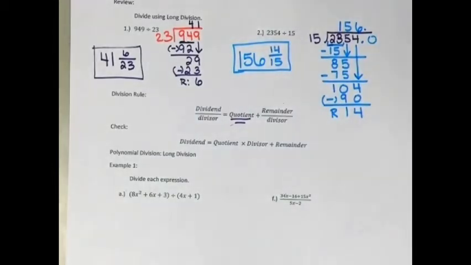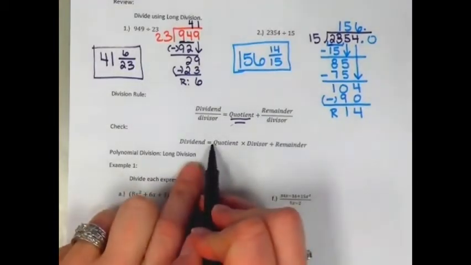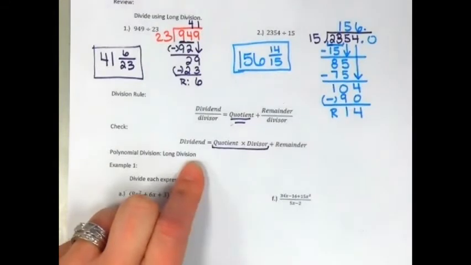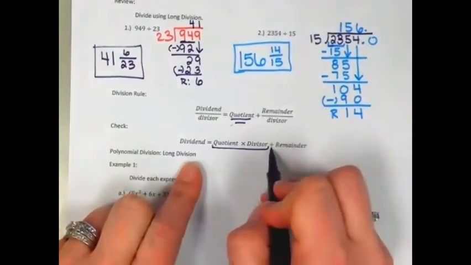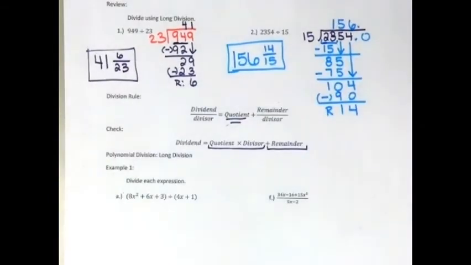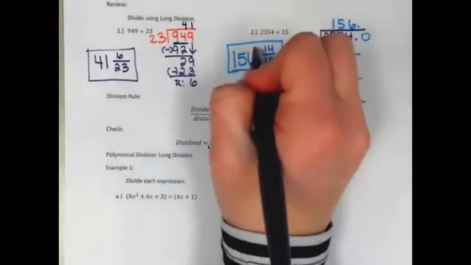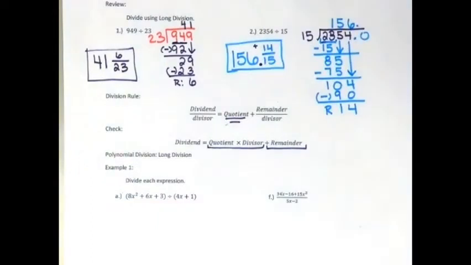Yes, okay. To check, what we can do is we can take the quotient times my divisor and then add your remainder. Why does that work? Because can't I multiply and then turn that to an improper fraction? And if that improper fraction is the same thing as that, that's how we check it, okay? Does that make sense? Okay.